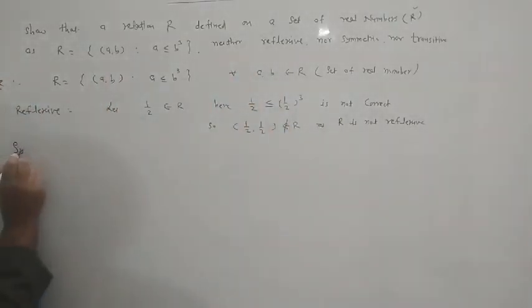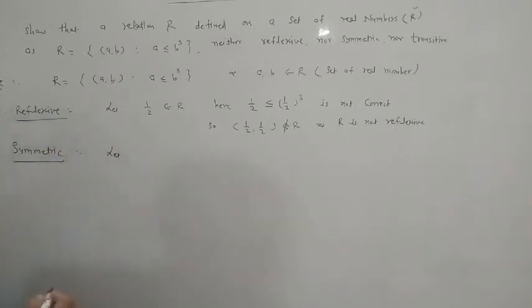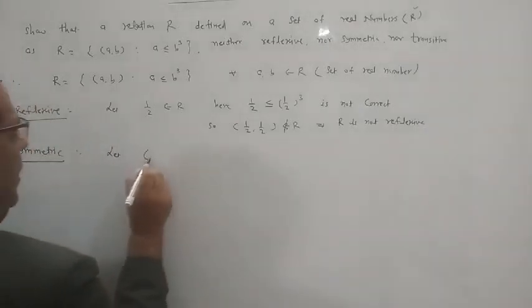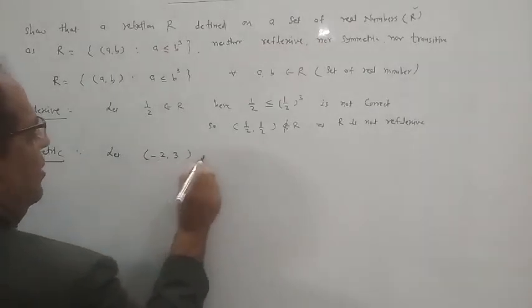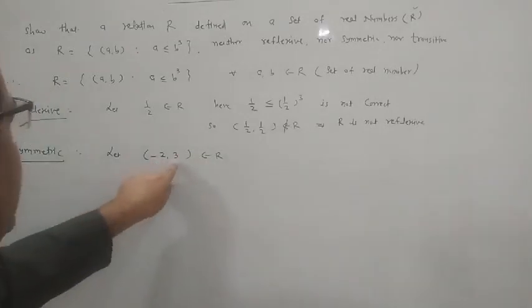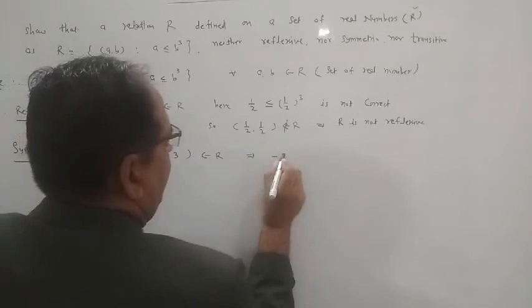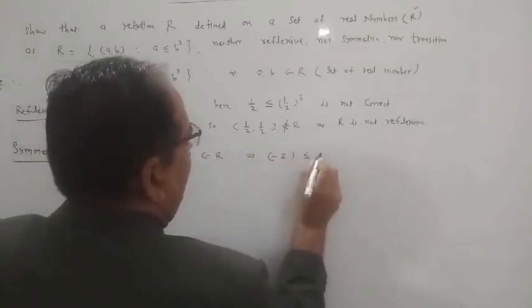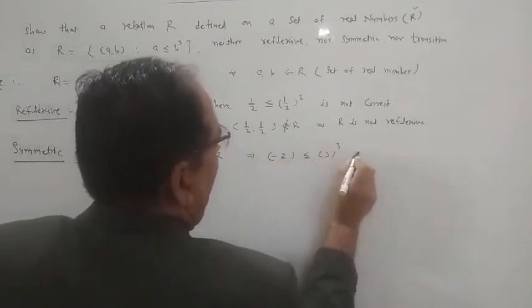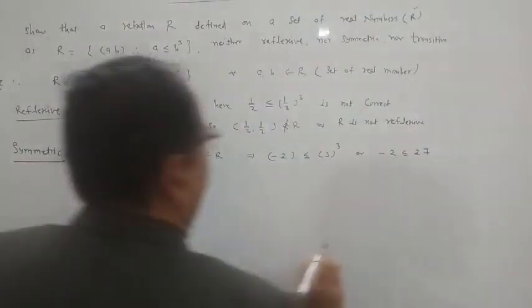Symmetric. Let (-2, 3) belong to R. We take one pair (-2, 3) belonging to R. This implies that -2 is less than or equal to 3 cube, or -2 is less than or equal to 27.